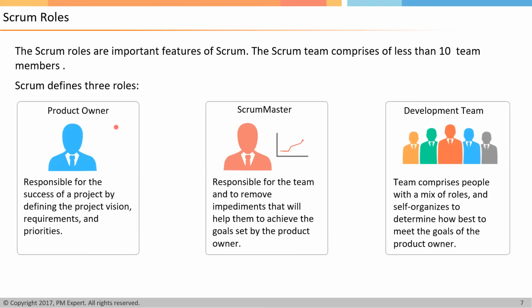As I told you, the high priority requirement should always be at the top in the product backlog, right? There are various techniques to prioritize the product backlog that we are going to learn in this training. We can use paired comparison method. We can use weighted shortest job first.